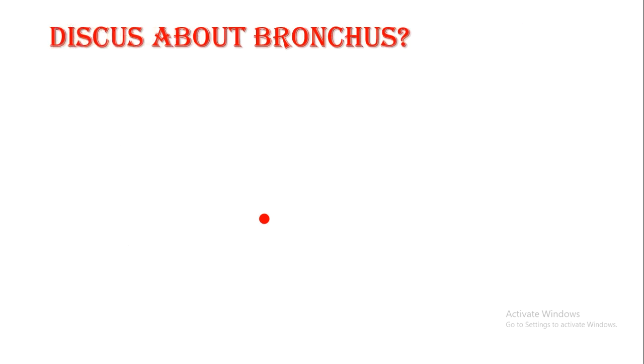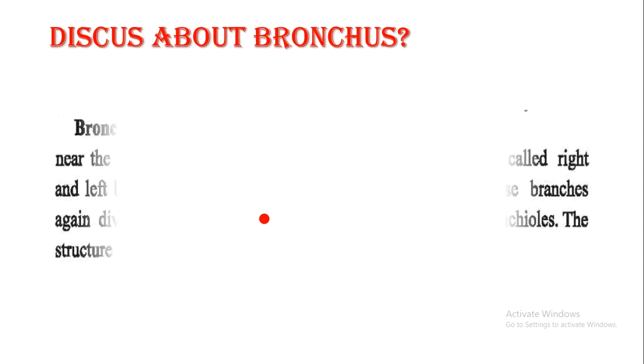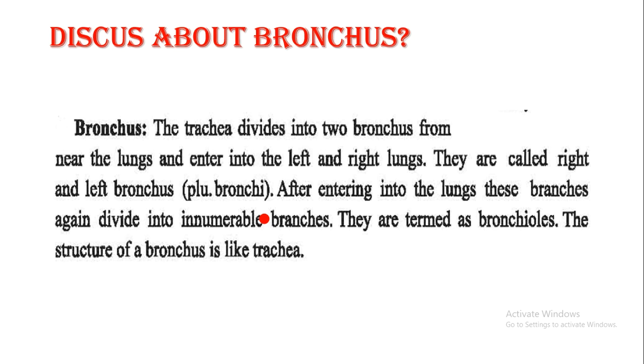Now we are going to discuss the next one. The next is to discuss bronchus, and the answer is: the trachea divides into 2 bronchi near the lungs and enters into the left and right lungs. They are called the right and left bronchus.